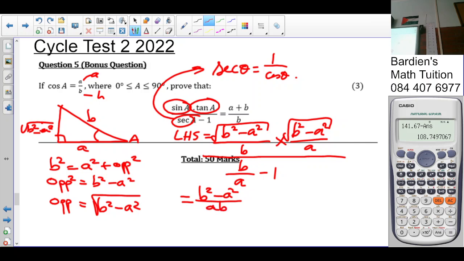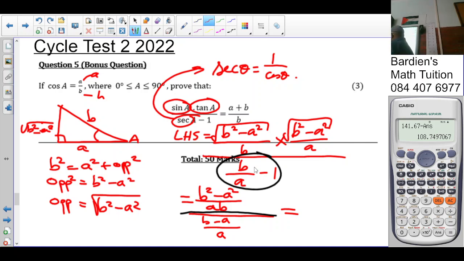And you must divide it by, the LCM here is going to be a. So that's going to be b minus a. This line here stands for what? Division. So it's going to be b squared minus a squared.